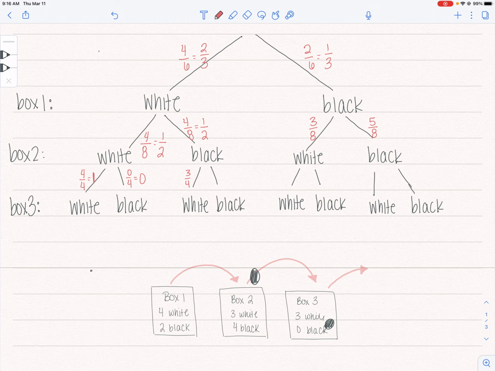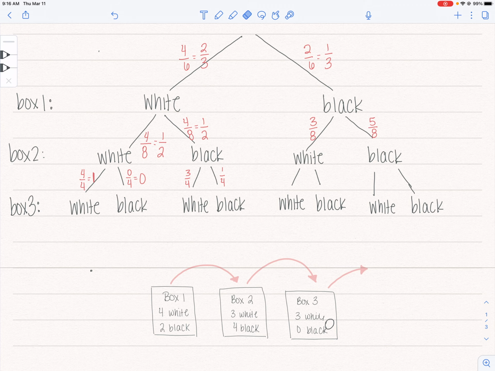The probability of drawing a black ball out of box 3 is going to be 1, because I have that 1 ball I just dropped in, out of a total of 4.